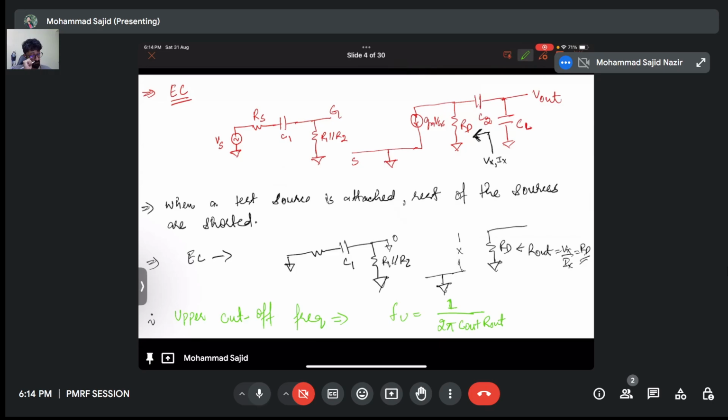Here R out is RD, and C out is a combination of this capacitance, the total output capacitance. CL is 100 pico, correct? And C1 is 10 microfarad.